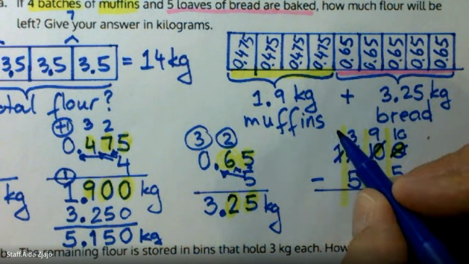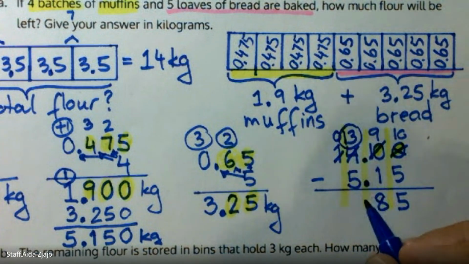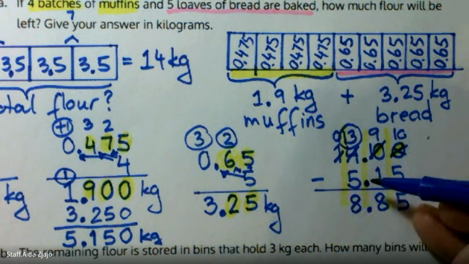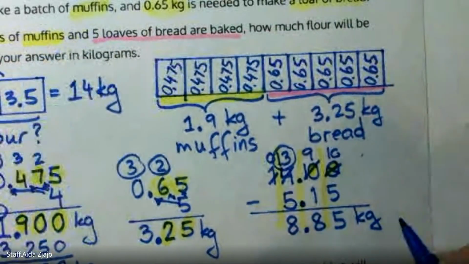I have to regroup the tens, make that 13. So I have 13 minus 5 is 8. So now you got how much flour he has left.